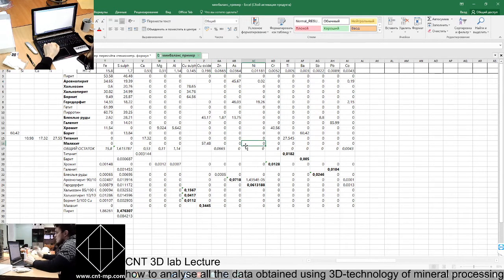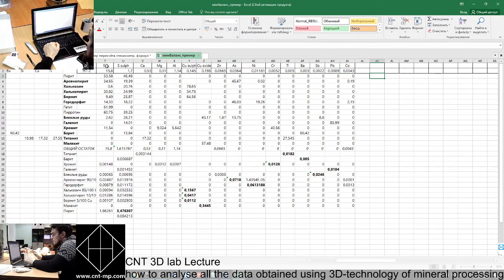It could be ICP mass spectrometry, atomic emission spectrometry. It could be fire assay. There are a lot of them, but all of them give us information of content of elements in percent or ppm.